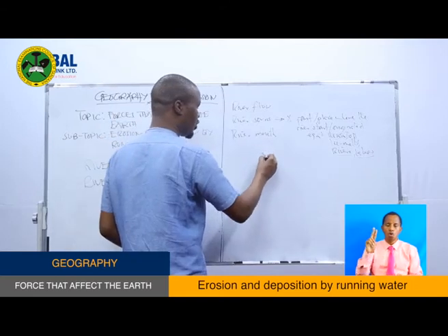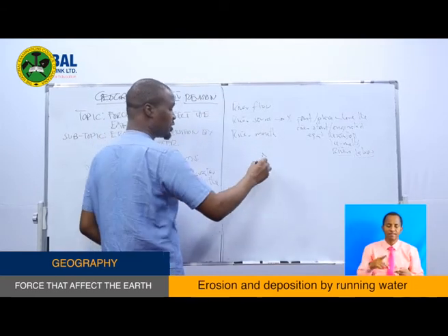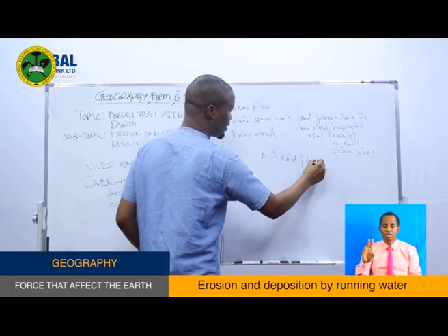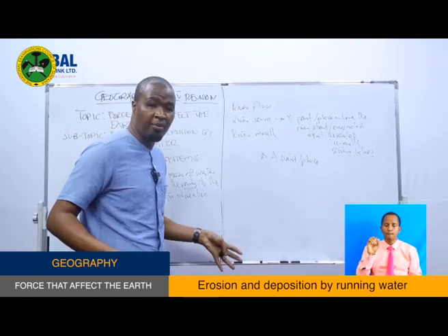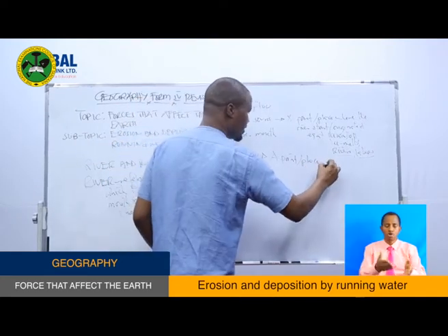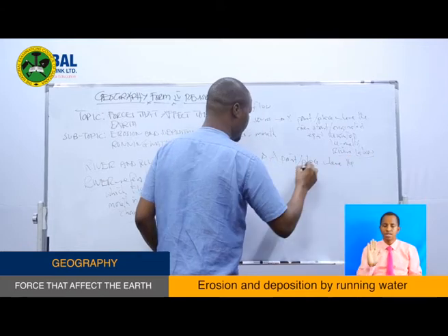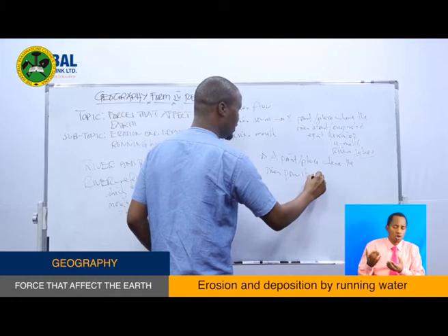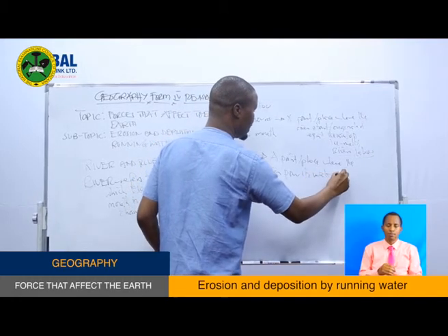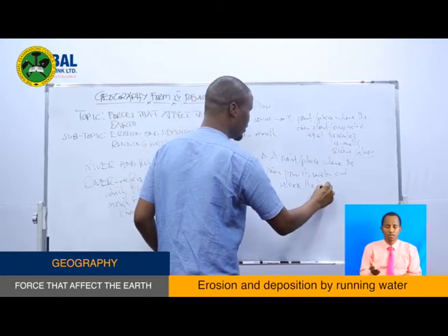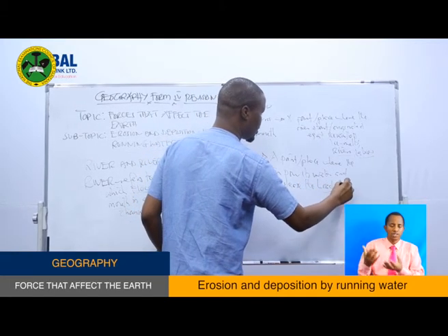Then we have what we call a river mouth. A river mouth is a point or a place, see, where the river pours its water and releases the material it carries. It releases the loads it carries.